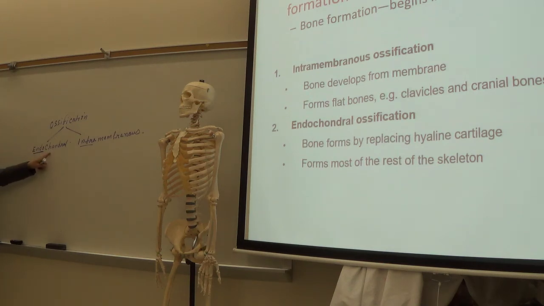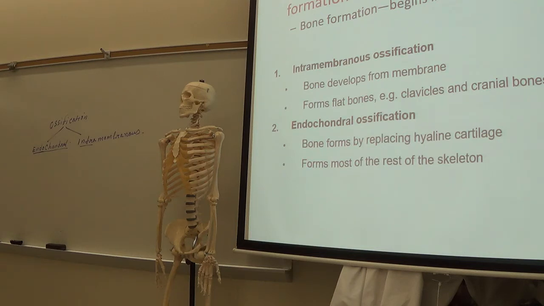Chondral means cartilage. Chondro means what? Cartilage. So from inside the cartilage. Endochondral means what? Inside the cartilage. And you already know that fetal skeleton is hyaline cartilage, right? And that hyaline cartilage is converted to bone.